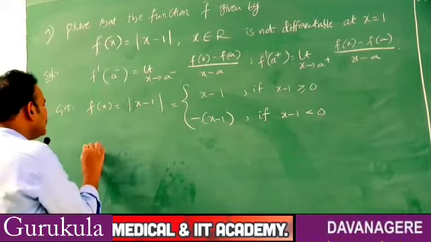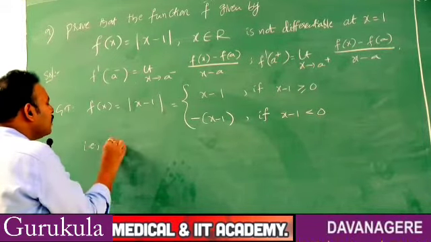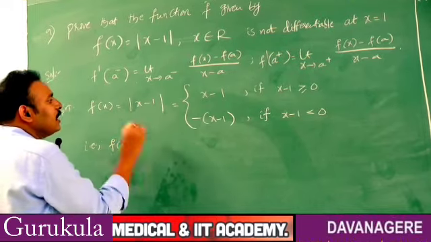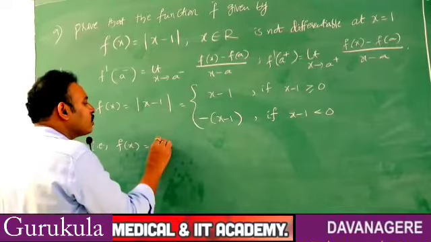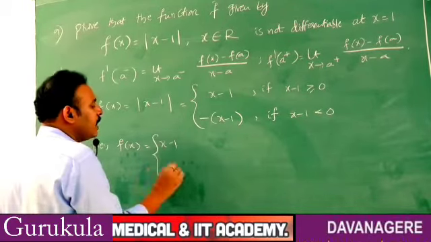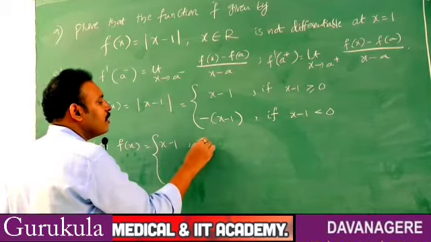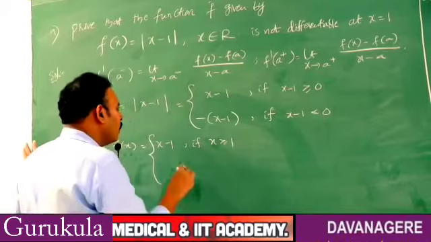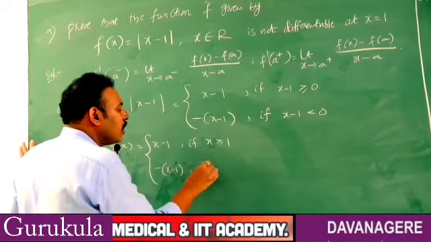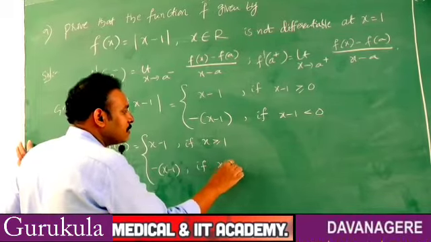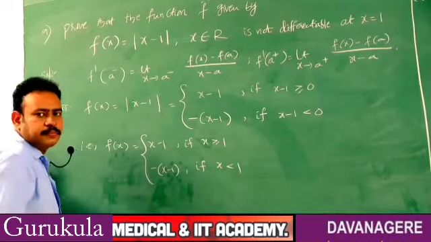That is, f of x can be written as x minus 1 if x is greater than or equal to 1, and minus of x minus 1 if x is less than 1.